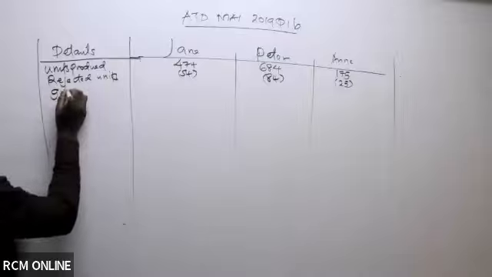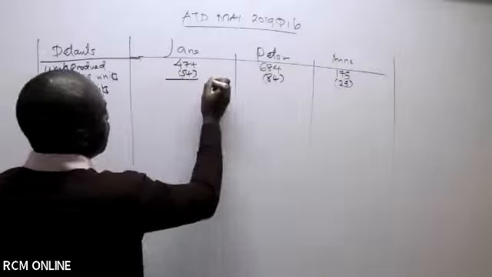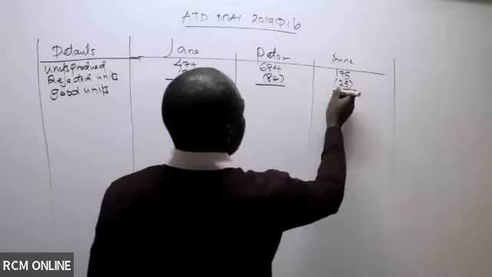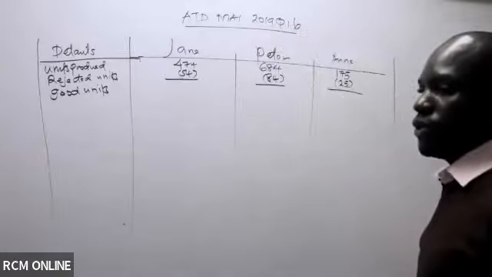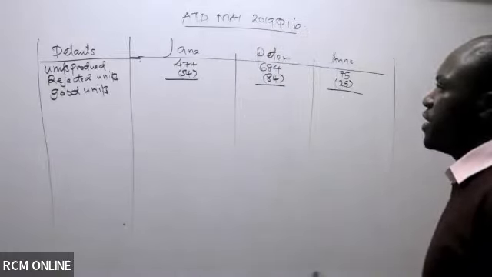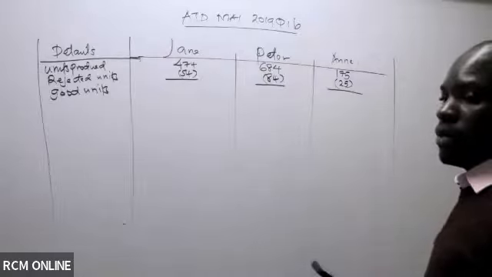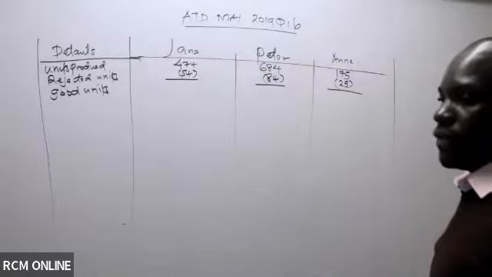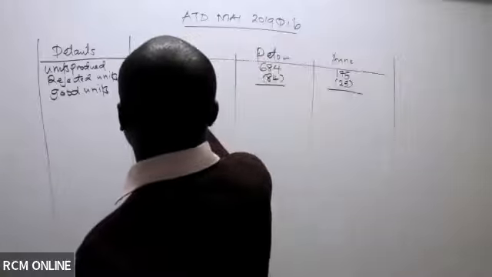So let's talk about good or accepted units. Can you give me the amounts? 474 minus 54 itakuwa ngapi? 420.